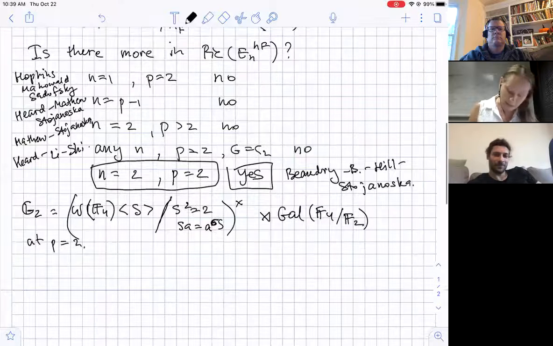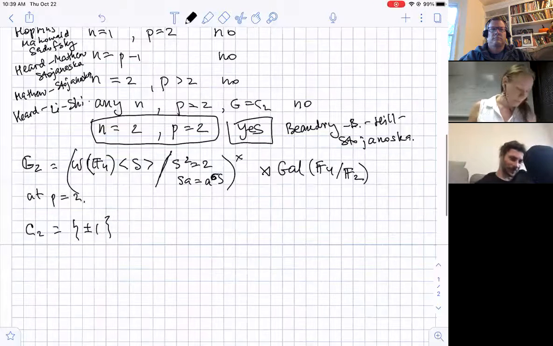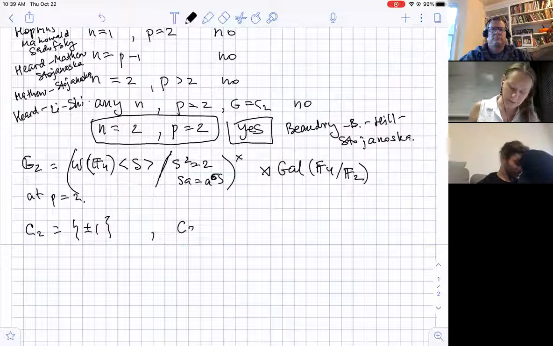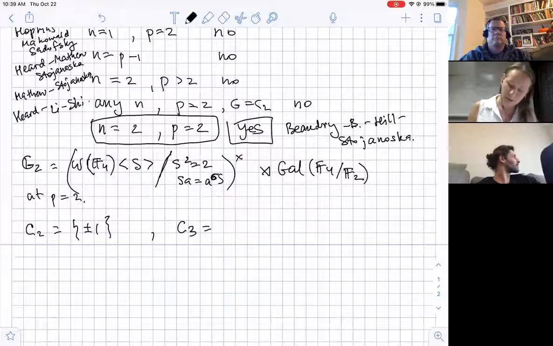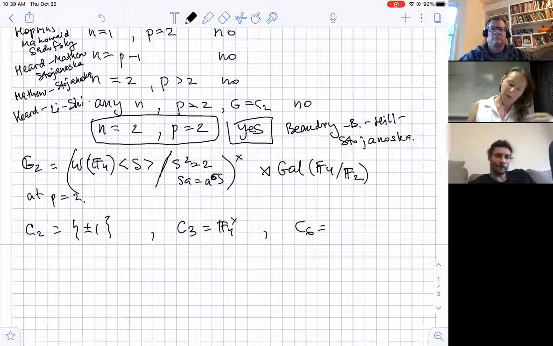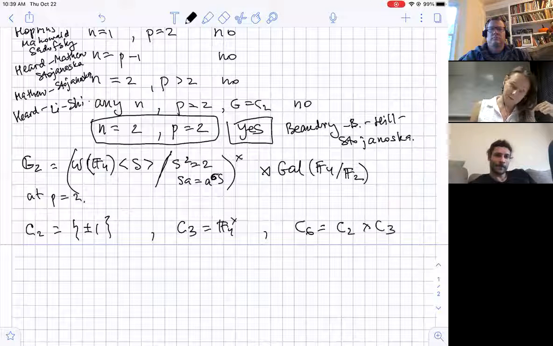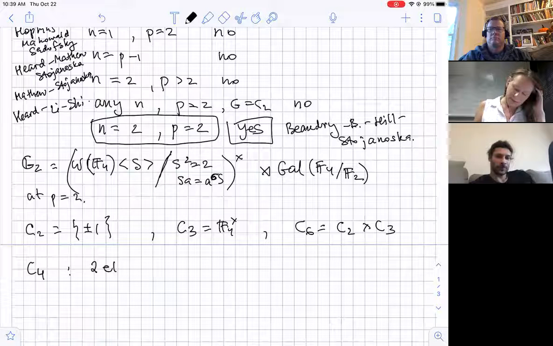So what subgroups does it have? It has the subgroup C2, which is plus or minus 1. You can see how there's an F4 in there, and there's units, so it has units of F4. It has C6, which is the product of the two groups I've just mentioned. And it has C4, which is not very visible from the description. It actually has two groups of order 4, so there are two elements of order 4.